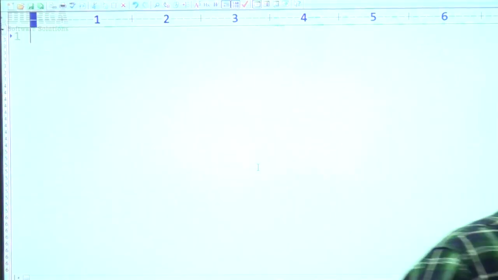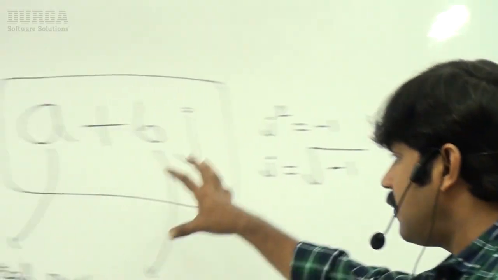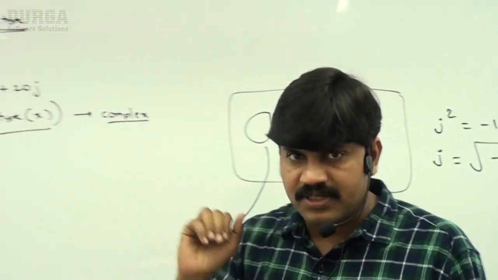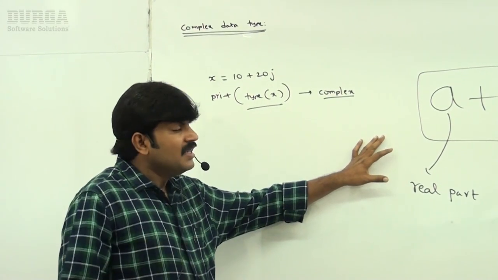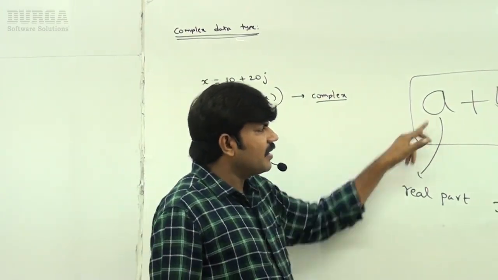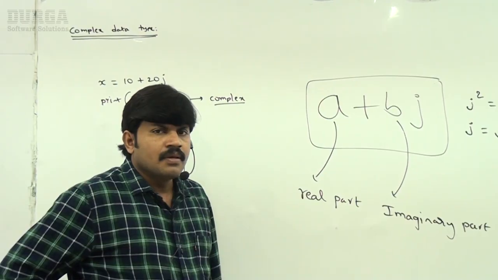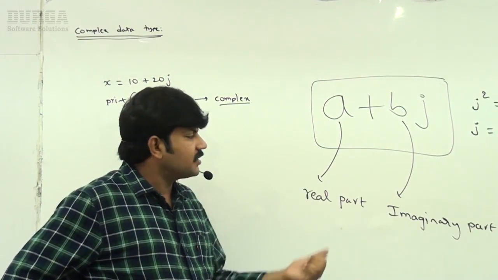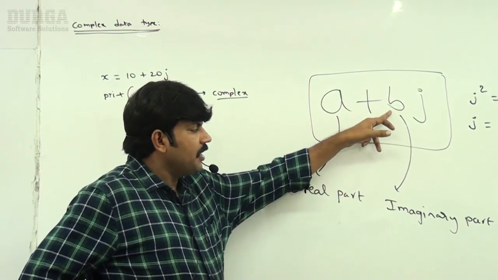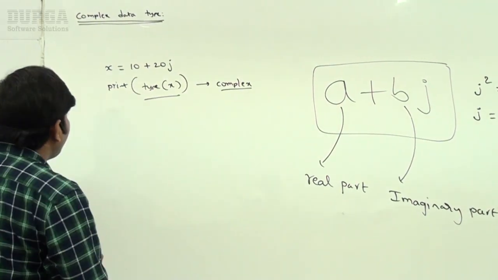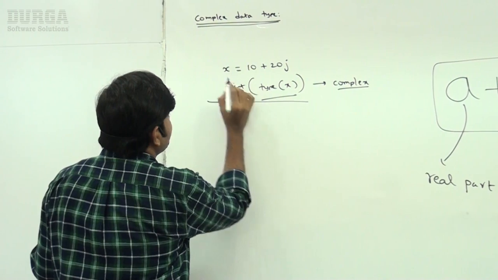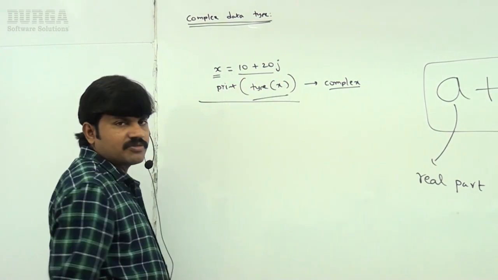Now I hope it's very clear what is a complex number and what is the syntax of a complex number. Next, this a is called what? Real part. What is this b? Imaginary part. Suppose I have one complex number x, which is 10 plus 20j.